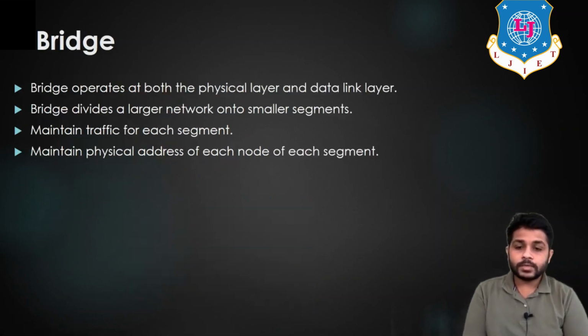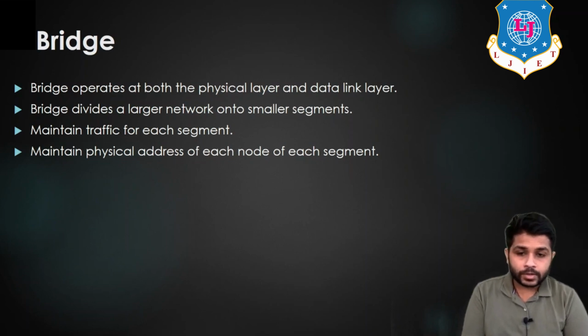Now let's see the next device, that is the bridge. The bridge operates at the data link layer. So it is a smart device, and the main function of the bridge is to divide the network into smaller segments. Because if we have created one network that is of large size, the complexity of the network is very high.